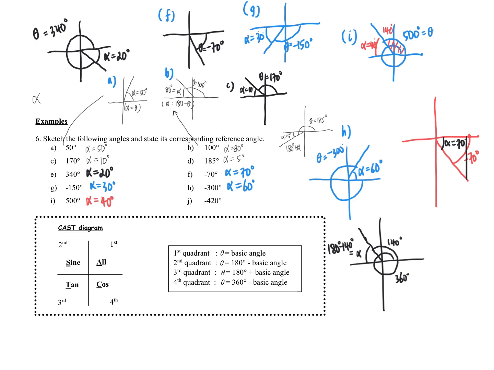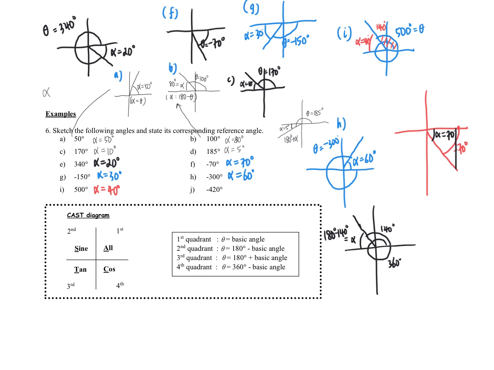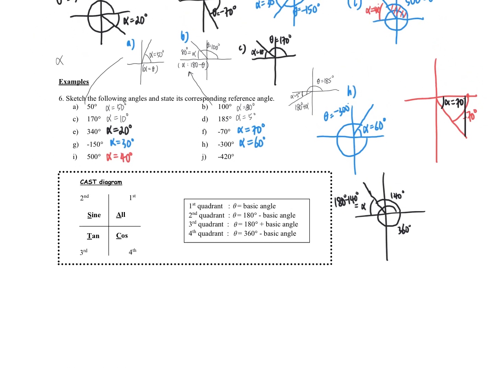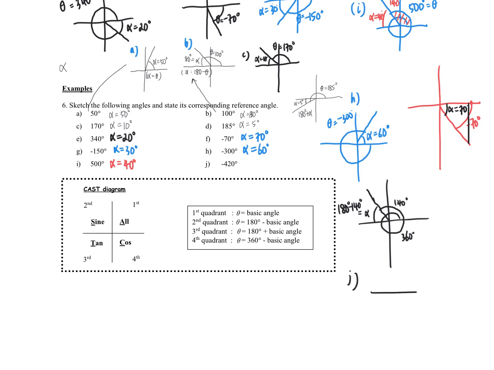Okay. So if the terminal angle is in the second quadrant, it's 180 minus. So now we are here, right? Just to emphasize, one last one, J. Minus 420. So you go the opposite direction. One full circle is minus 360.